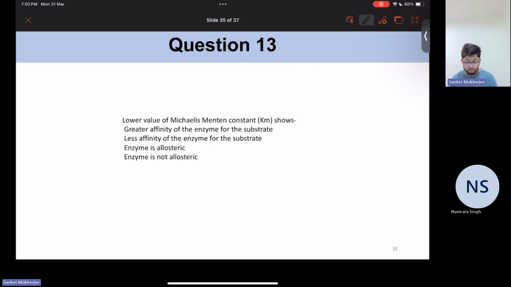A lower Michaelis-Menten constant shows greater affinity of the enzyme for substrate, less affinity of the enzyme for the substrate, the enzyme is allosteric, or the enzyme is non-allosteric. So it tells us whether it has a greater affinity of the enzyme towards the substrate. That is the main idea.